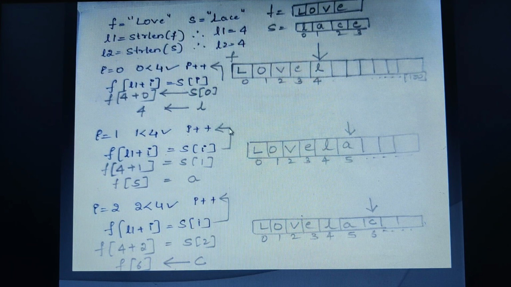Again, I gets incremented. Once I gets incremented, I is equal to 2. 2 is less than 4. Yes, the condition is satisfied. So move the value of S of I to F of L1 plus I. The current value of I is 2. So what content is there in S of 2 here? If you see, it's a C. So F of L1 plus I in the sense 4 plus 2, because the current value of I is 2.